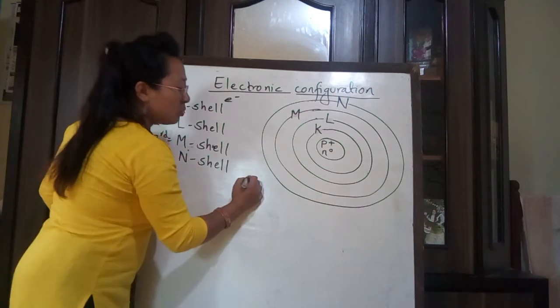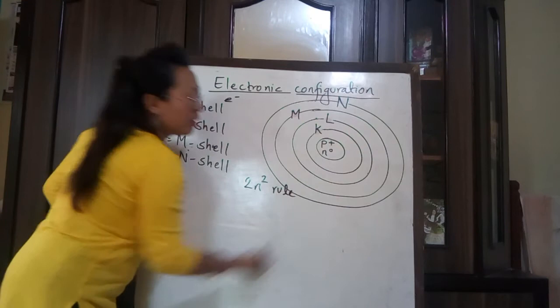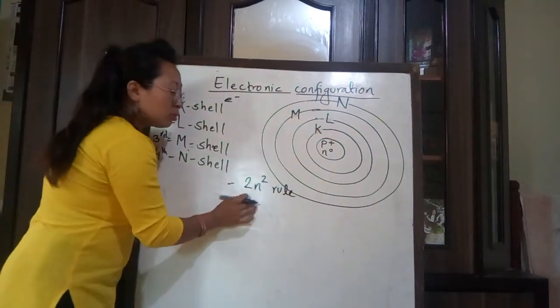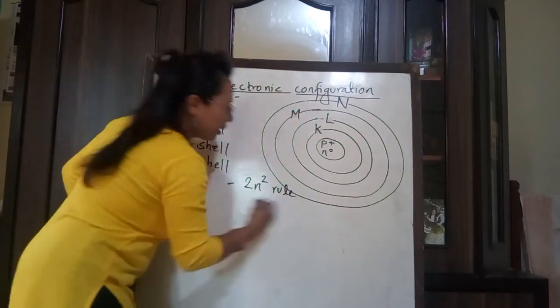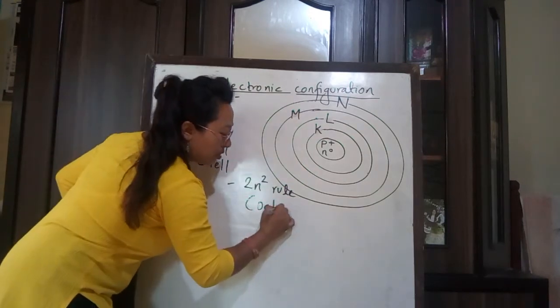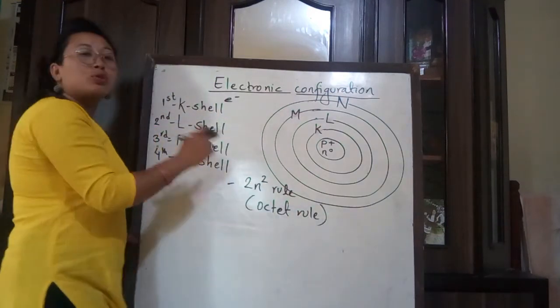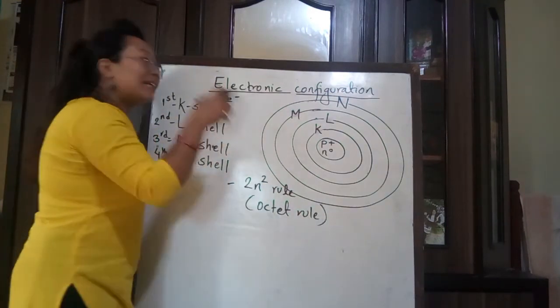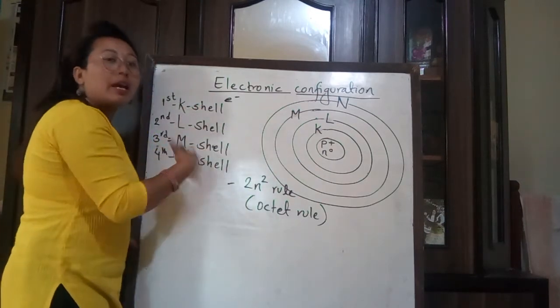That formula is known as the 2n square rule. It is also known as the octet rule. This formula helps us find out the number of electrons that the K shell, L shell, M shell and N shell can hold.